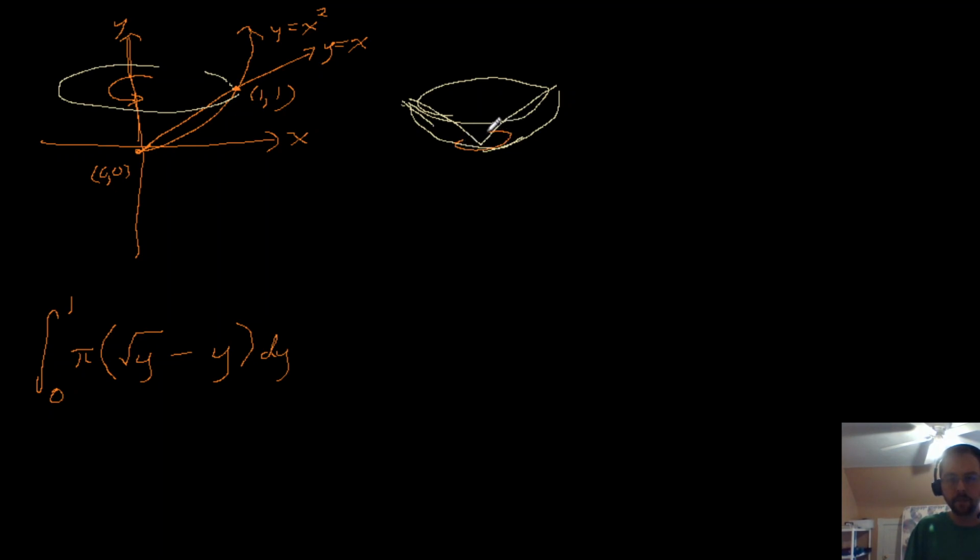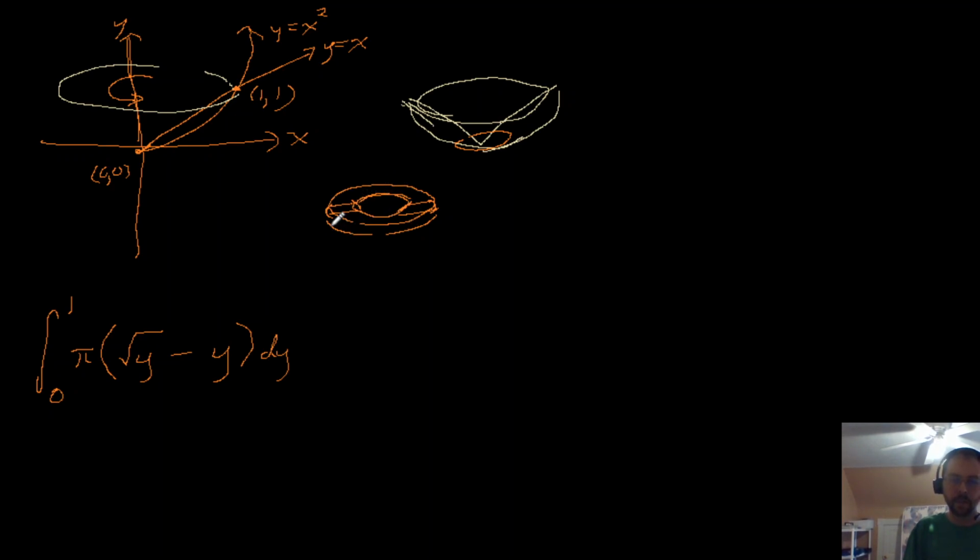Because in this case, what we're adding up is actually this little volume right here, which if I were to try to sketch that out, could look like this: this side's flat, this side's curved, but it's three-dimensional. Kind of like that.